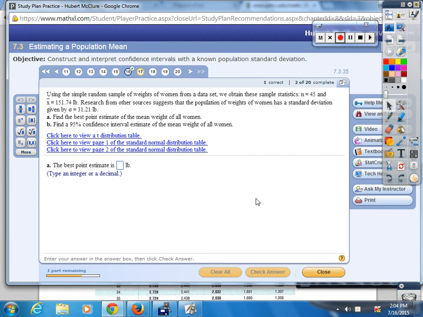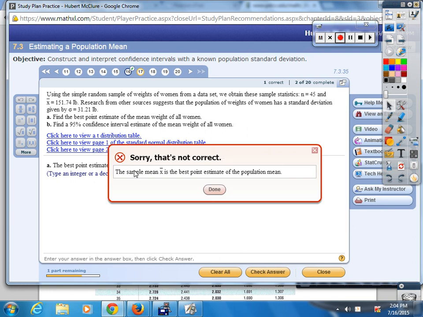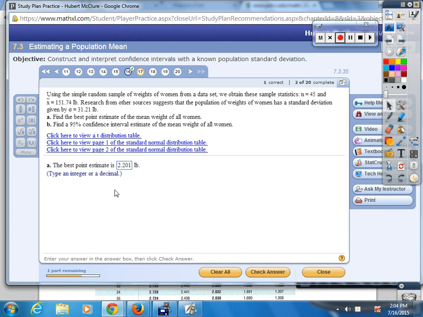So that'd be 0.025. So you're trying to find 0.025, isn't it 2.201? So that'd be 2.201 if they want that. Unless they want me to round. Unless they're using Z-table.